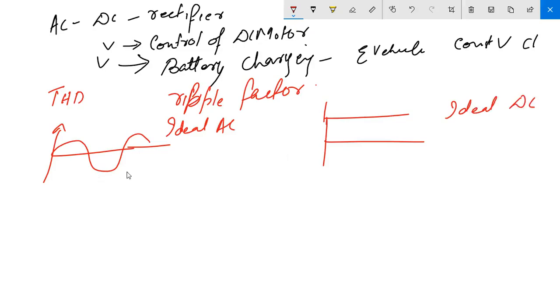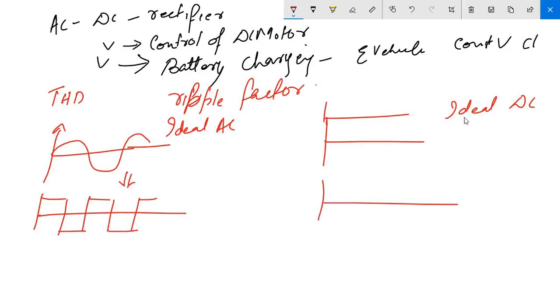But because we are actually playing with the waveform, there will be a change in the shape. So this natural AC can have this type of shape. This is also an AC, but it is not of ideal nature.